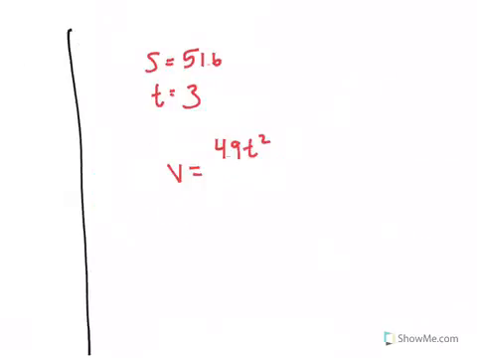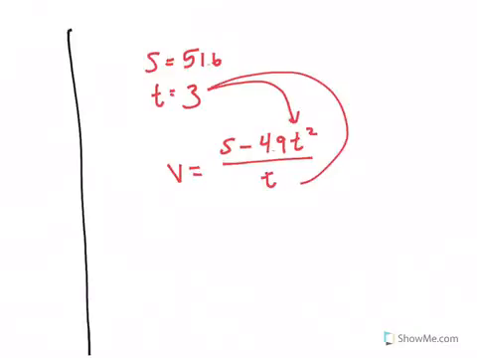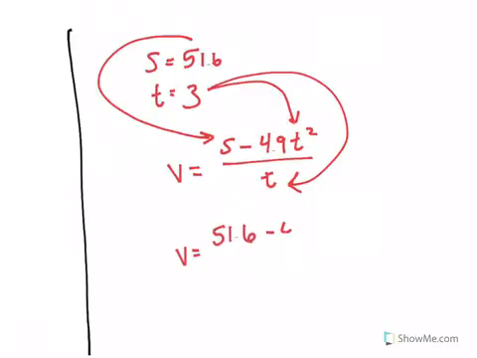So v equals s minus 4.9 t squared, all divided by t. So we're going to plug the 3 in here and here, and we're going to plug our s value right here. So v equals 51.6 minus 4.9 times 3, squared, all divided by 3.